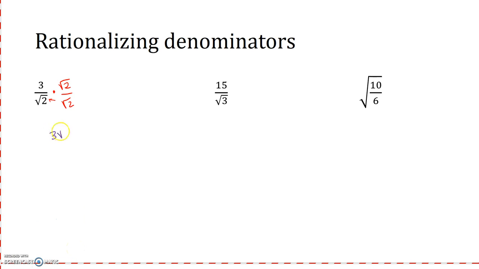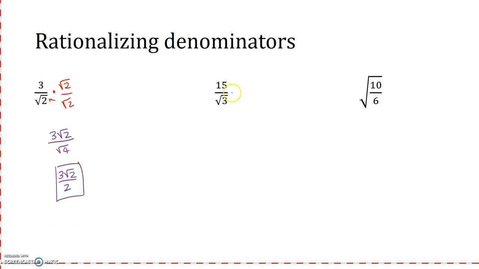I have 3 root 2 on the top, and then root 2 times root 2 is radical 4. Well, the square root of 4 is just 2. Now I'm into my piece of a whole. I have a nice whole number of 2 on the bottom, and I don't really care that there's a radical on the top. So this would be your answer. This is how we prefer to express it.